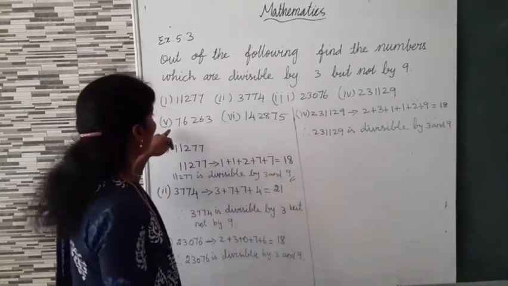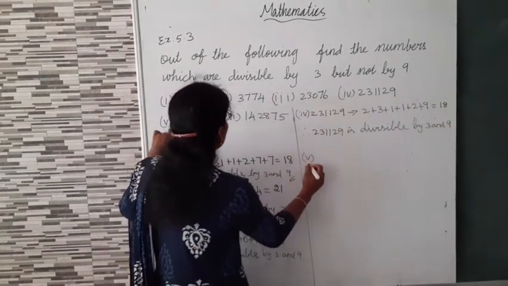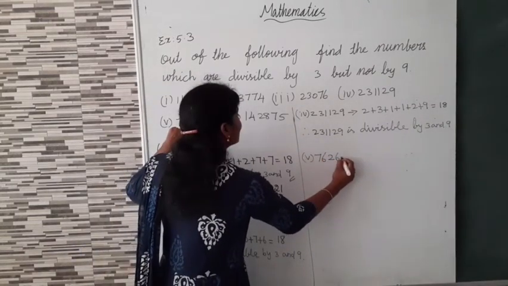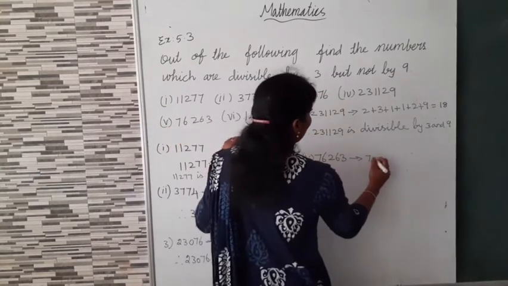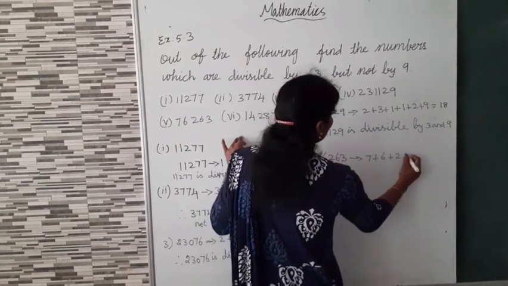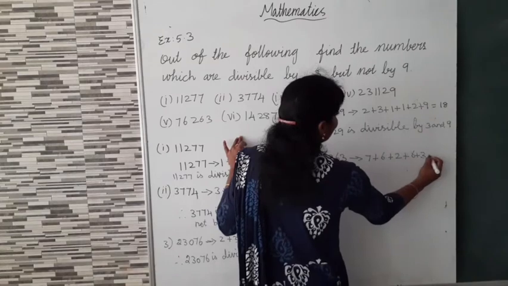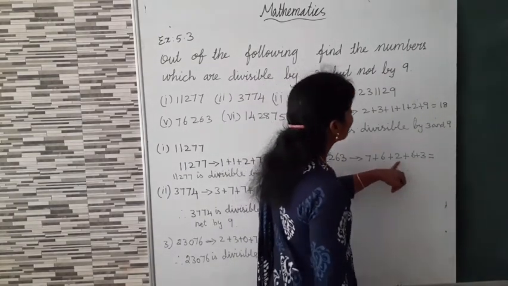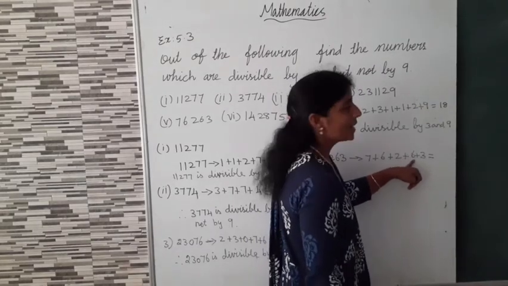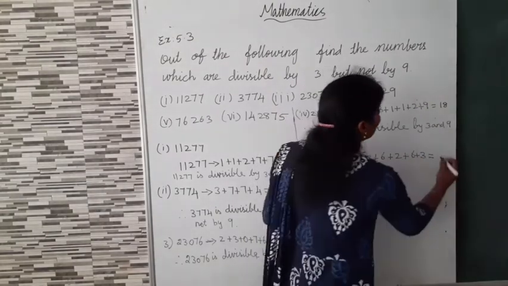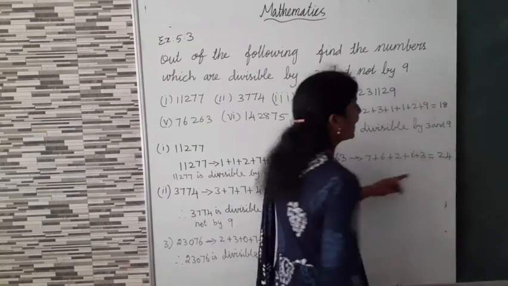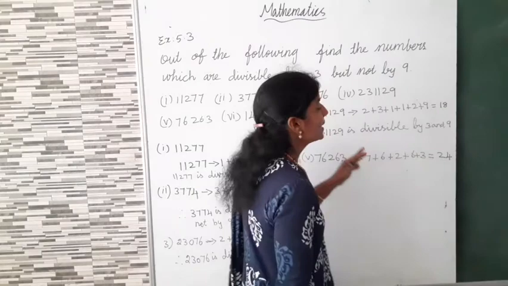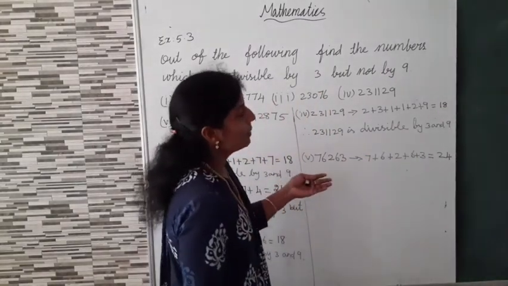Isn't it? Now, fifth one, 76,263. 7 plus 6 plus 2 plus 3 plus 3 equals 7 plus 6, 13, plus 2, 15, plus 6, 21, plus 3, 24. 8 3s are 24. 24 is divisible by 3 but not divisible by 9.